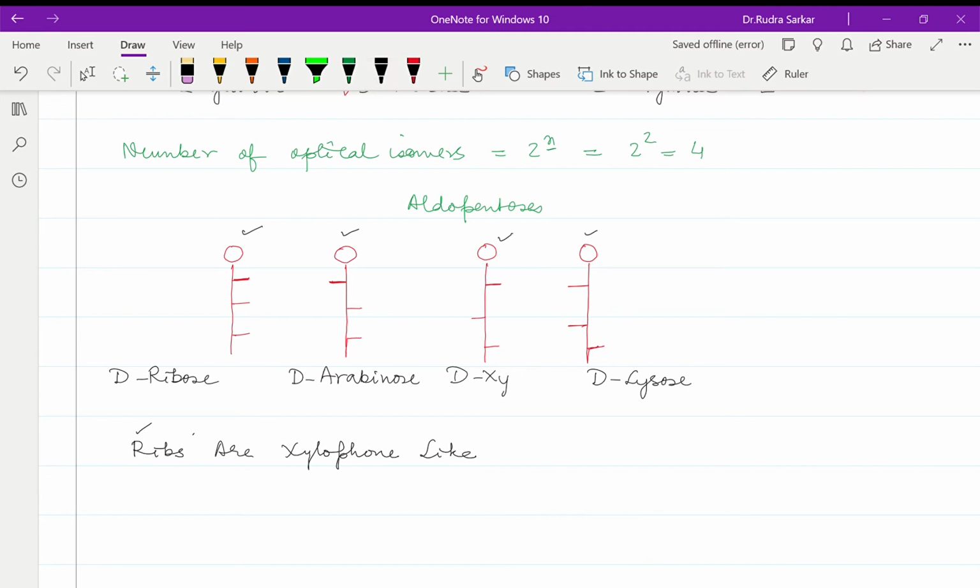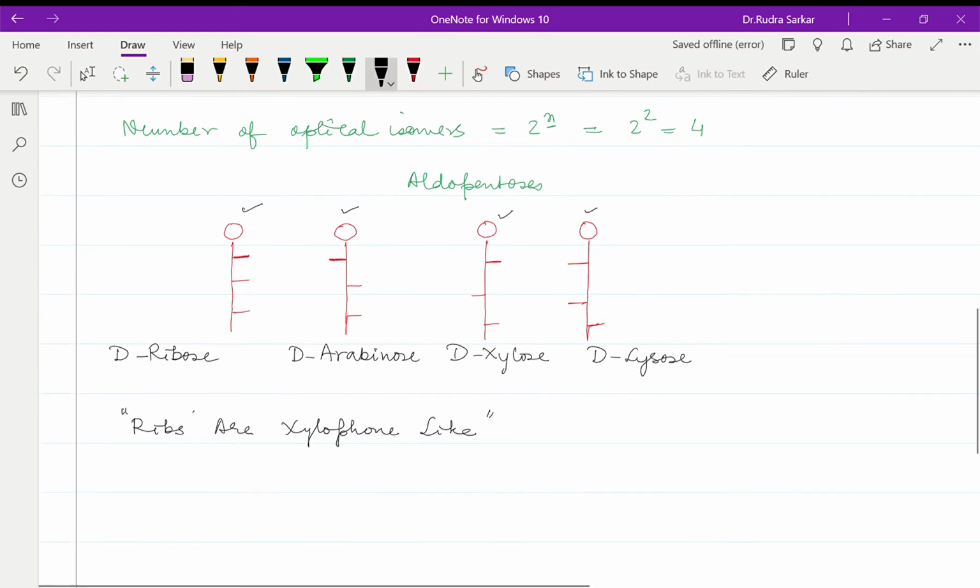Okay, so that is one short method of remembering your aldopentoses.